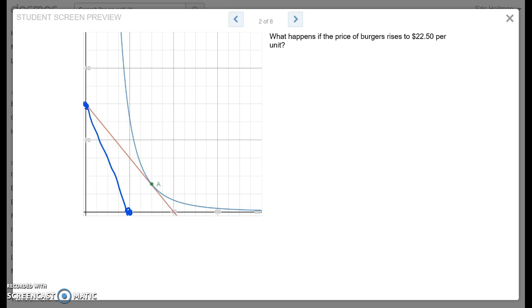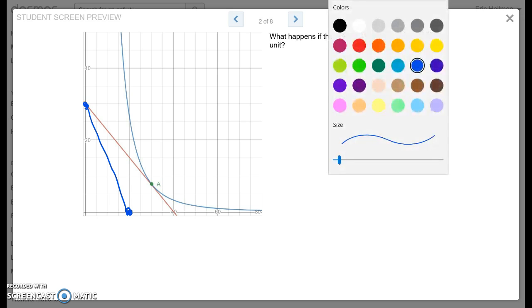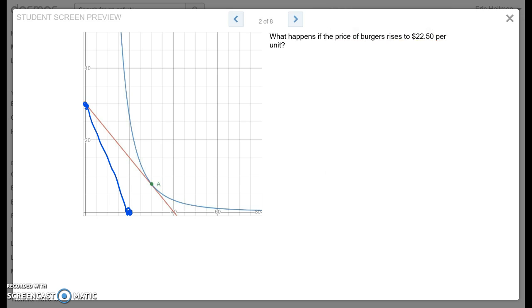So now my budget constraint looks like this, and the indifference curve that is tangent to that budget constraint might look something like this. That would be the new optimal bundle. So we would be worse off because we're on a lower indifference curve. So that's what that would look like.